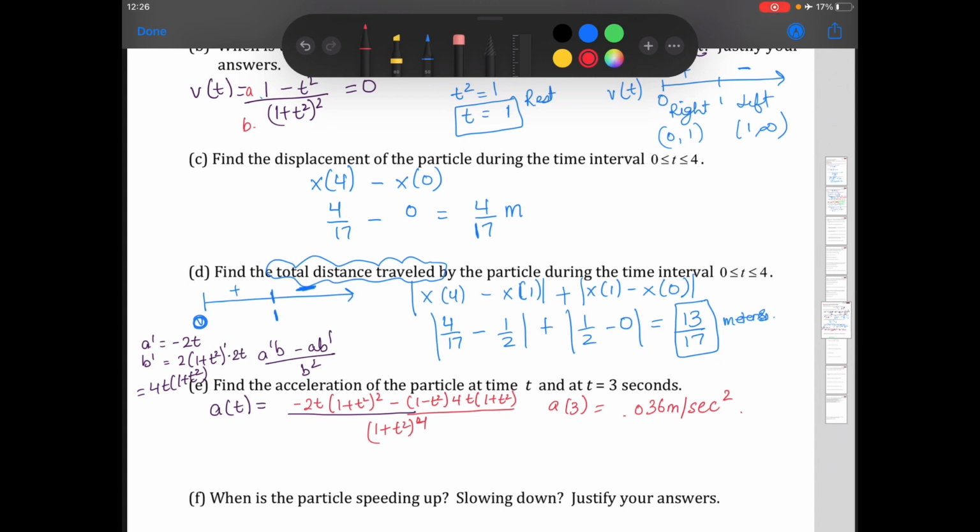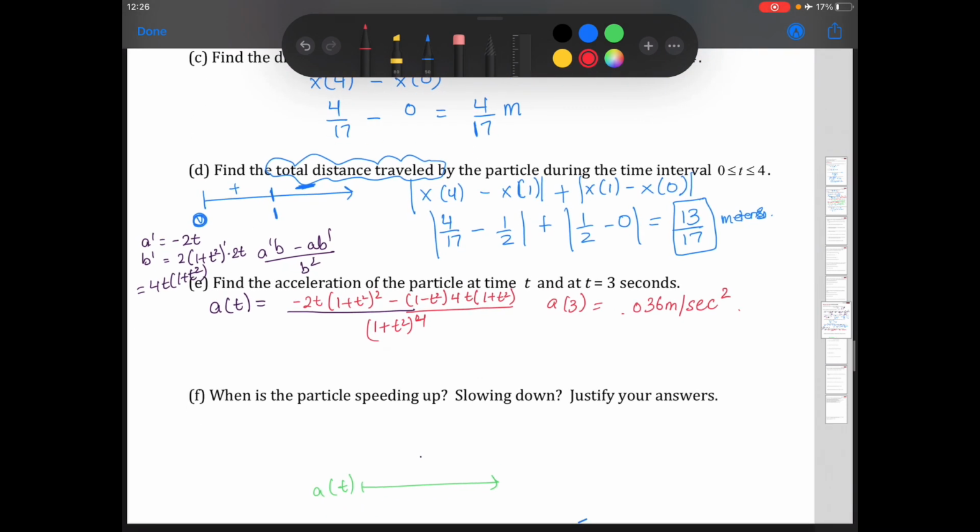Part F. When is the particle speeding up, slowing down? Justify your answers. So speeding up is when your velocity and acceleration have the same signs. Slowing down is when velocity and acceleration have opposite or different signs.